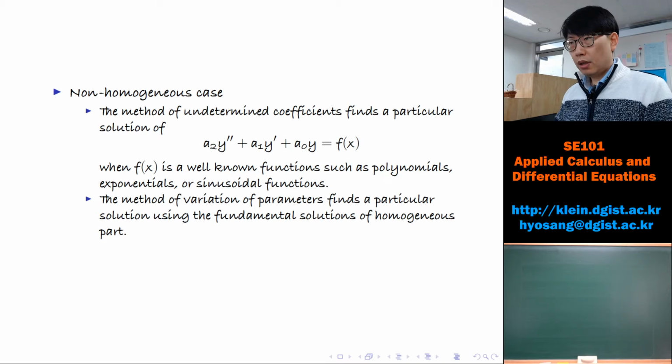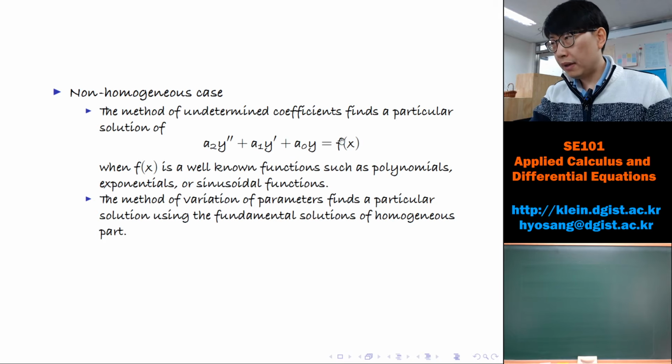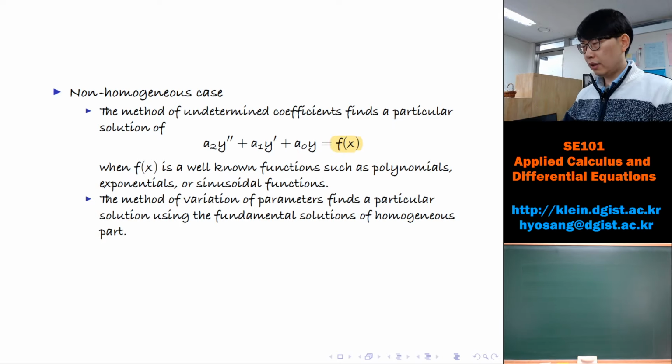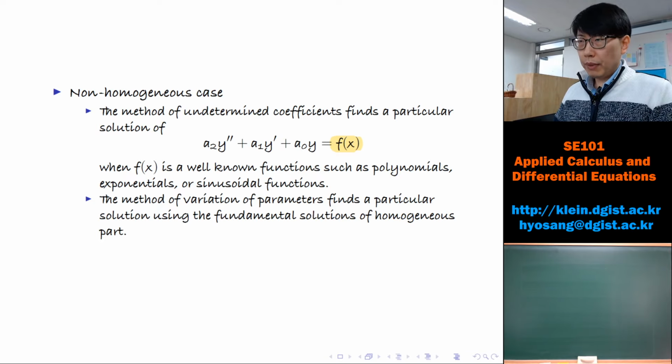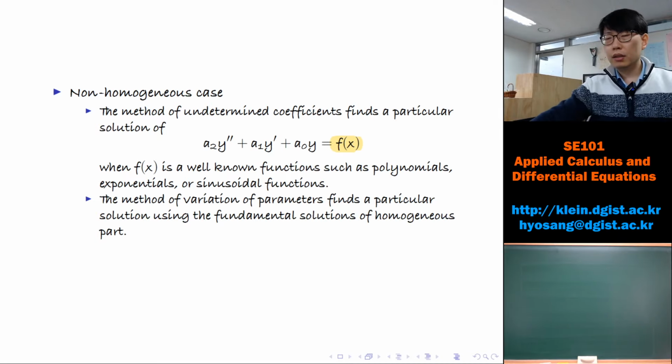One method is the method of undetermined coefficients, used if the non-homogeneous term f of x is a fairly simple function such as a polynomial, sine or exponential function. Another method is the method of variation of parameters, which uses the fundamental solutions from the complementary solution to find a particular solution. We're going to learn that this week.